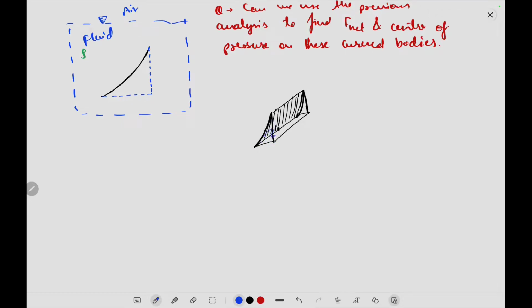I have created this surface, then this surface, then this surface, and also one surface which is this part. I have created all these surfaces so that this now becomes a closed object. Why we are taking a closed object will be clear during this derivation.